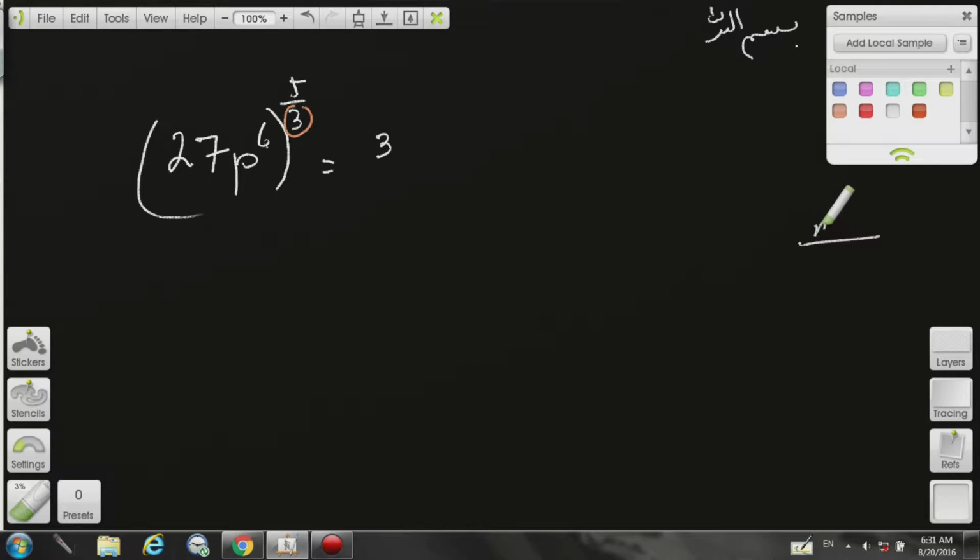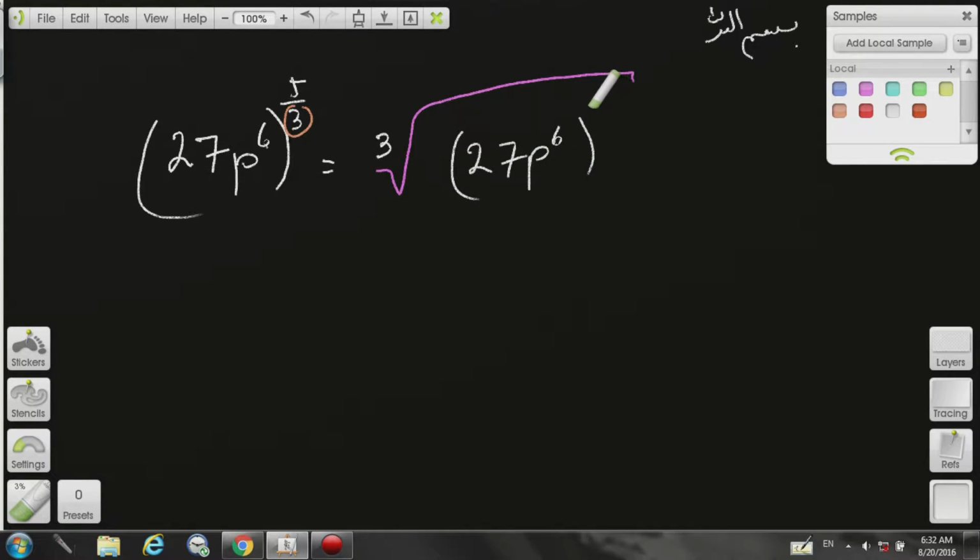Remember, m over n: this is like the roots of a tree, and this is like the tree. So this goes on the top. This is the root. Root is on the bottom. So this is the third root. Let's make ourselves a lot of room. So 27p to the 6th to the 5th.